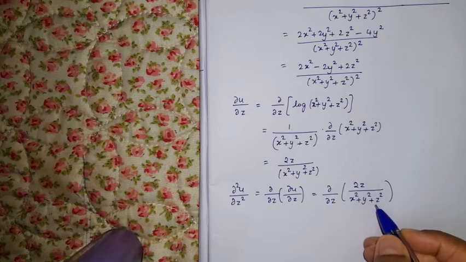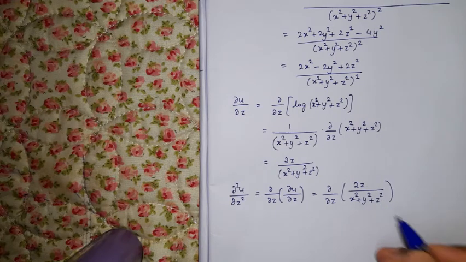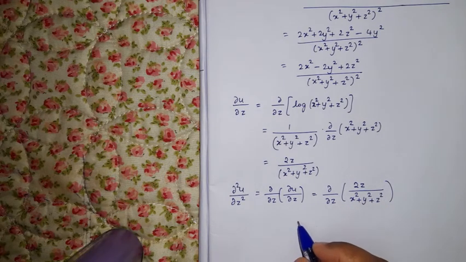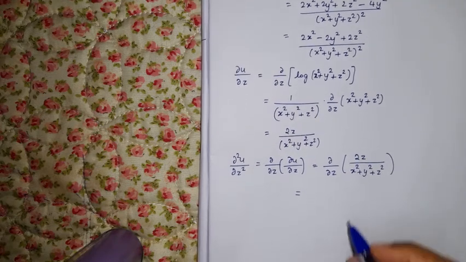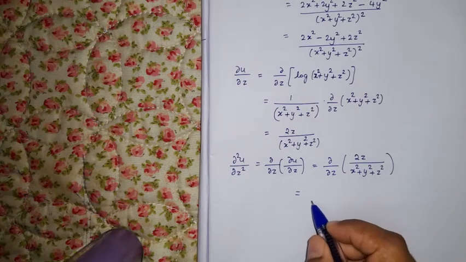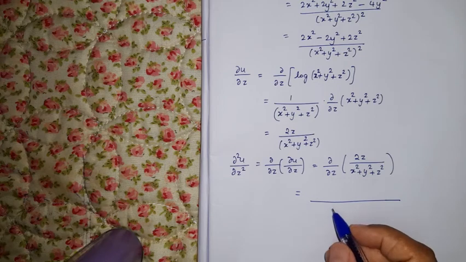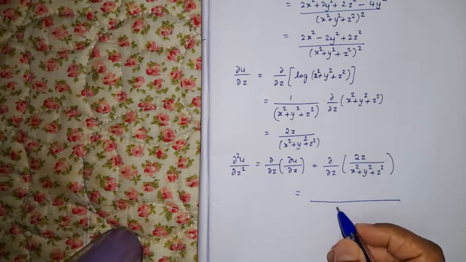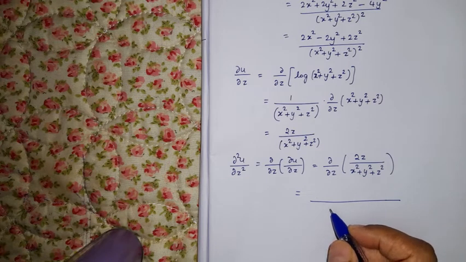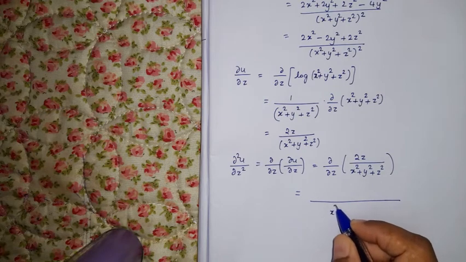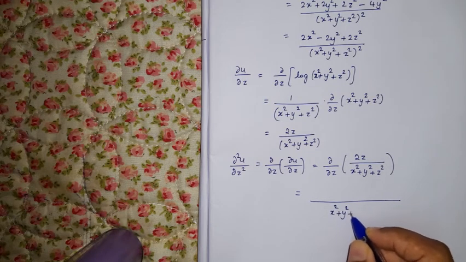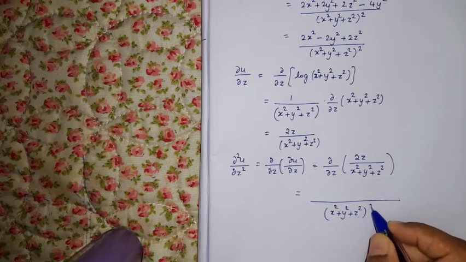You have z in both numerator and denominator, so go for u by v method. We will be having the differentiated value as v into u dash minus u into v dash divided by v square. So for v square, you can put x square plus y square plus z square the whole square.